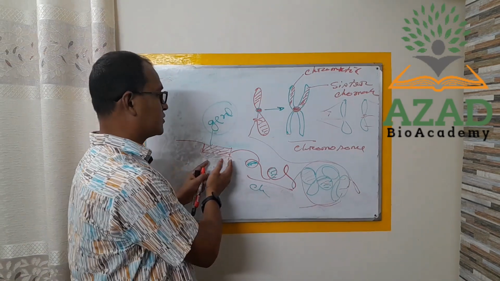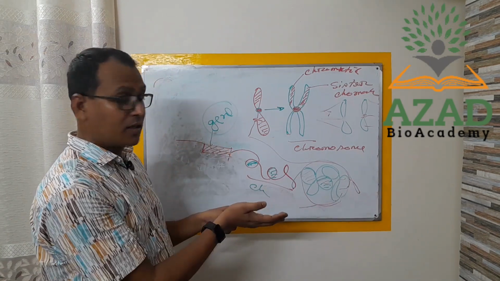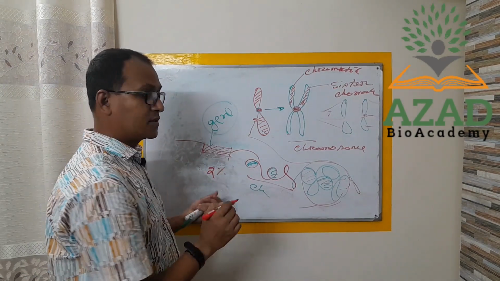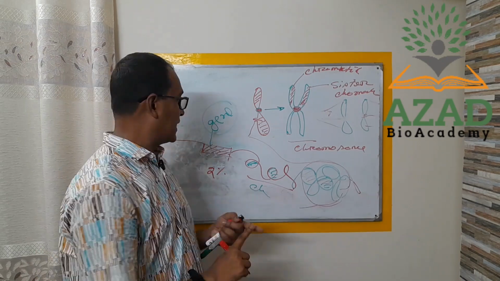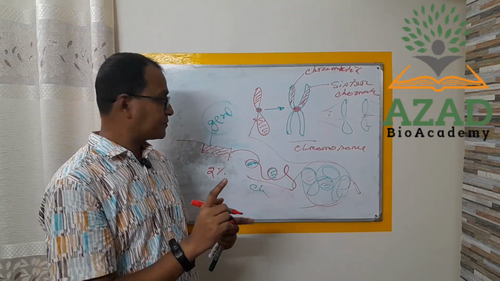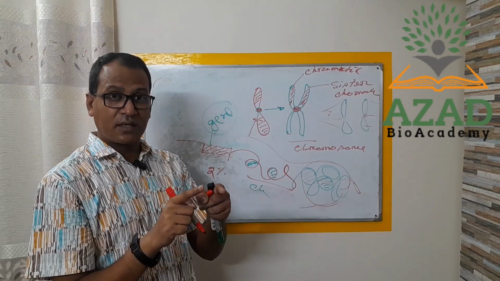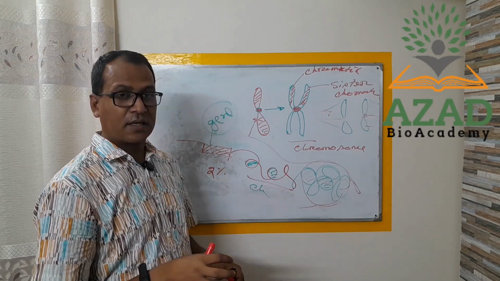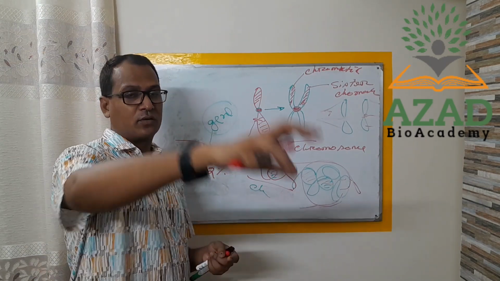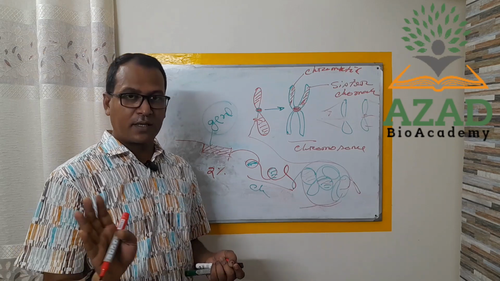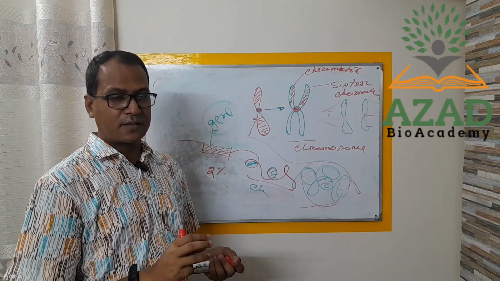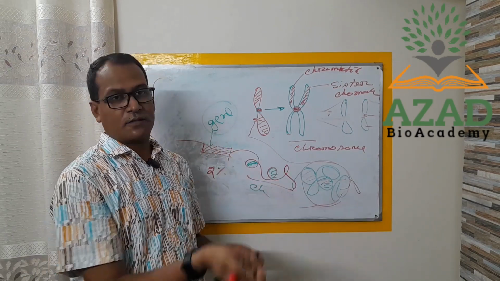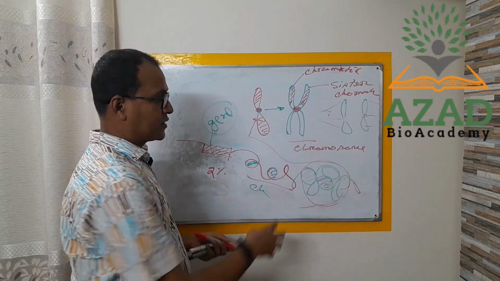So gene can be coding or non-coding. Only 2% is coding gene, responsible for the production of protein, and the other 98% is non-coding gene. The exact function of all the non-coding sequence is not known yet, and some have functions of controlling or regulating gene expression and other genetic factors.